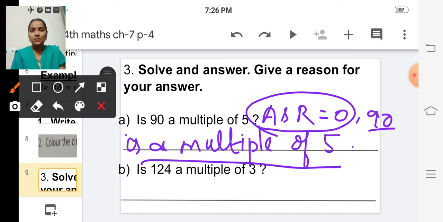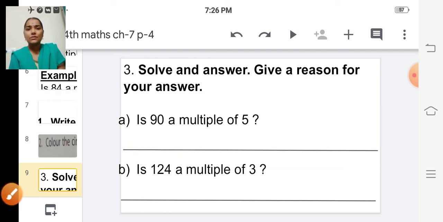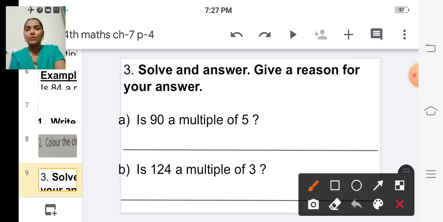Okay. So shall we move on to the next one? Yes. So next one is, 124 is a multiple of 3. So we are going to check. For that, what we have to do? We have to divide 124 by 3, isn't it?